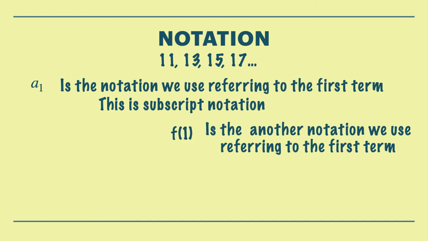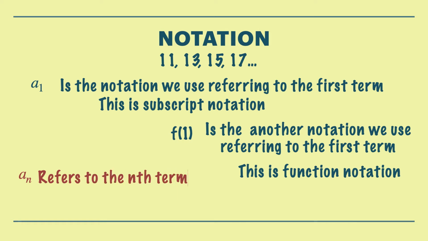But again, we're going to do subscript from now until the end of this video. And so what if I don't know the term and I want the nth term? Well, I'm going to write that as A sub n. A sub n means the nth term of my sequence.